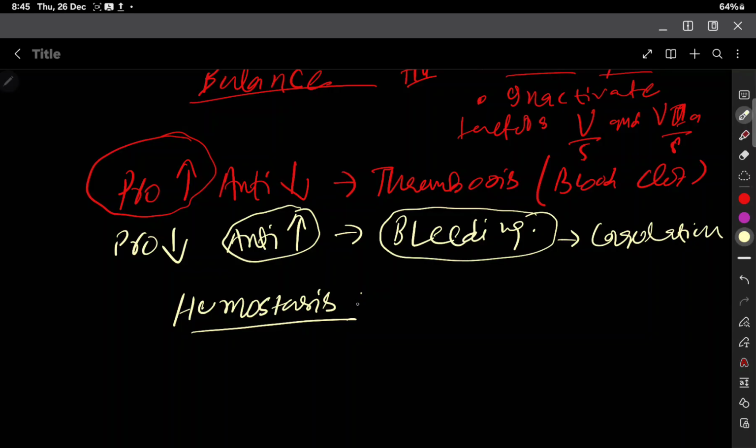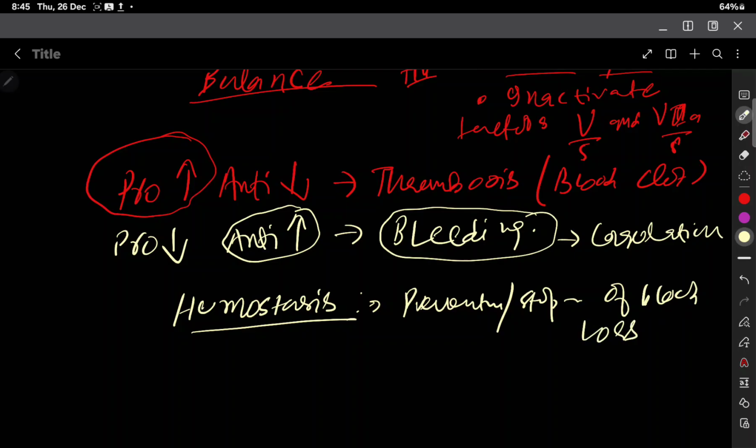Hemostasis means prevention or stoppage of blood loss, the blood loss which occurs because the anticoagulants increase in our blood. To prevent that blood loss, a phenomenon occurs in our body which is called hemostasis.